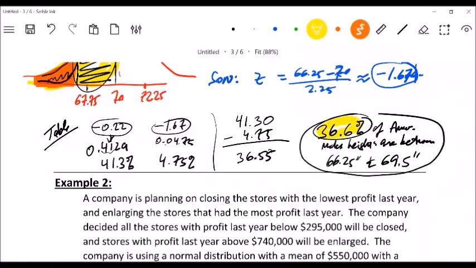Okay, and there we have that answer. So that's a little more than a third of American males' heights are between my son and me.